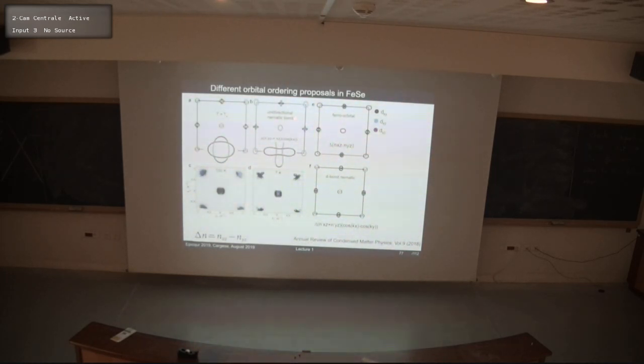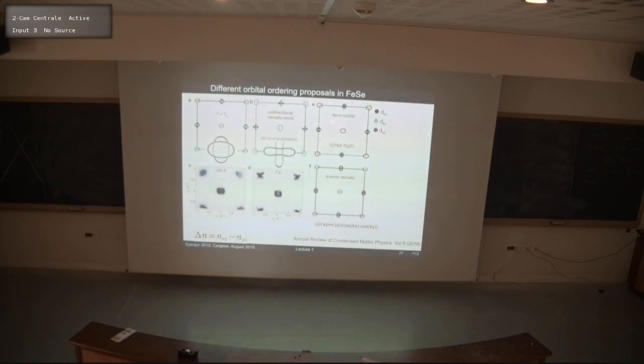So concerning the orbital order, there are lots of proposals, and this is still a very active area of discussion, especially in iron selenium. And this is caused by various effects in experiments and the way the distortions happen and the way the Fermi surfaces are elongated. So a bit like in superconductivity, you can think that you will have an order parameter which changes sign between different sites.